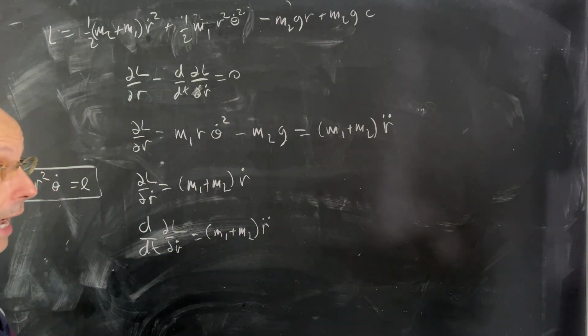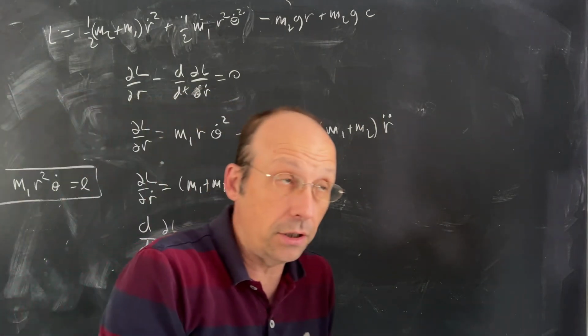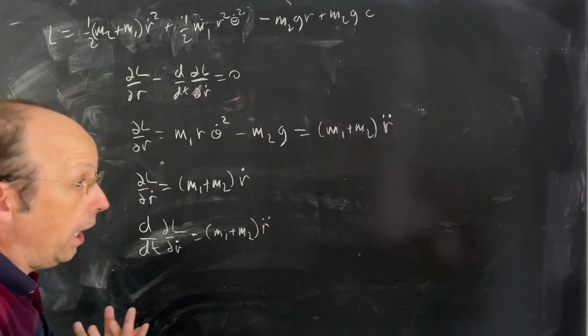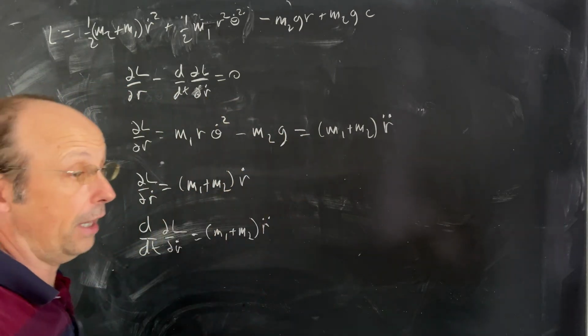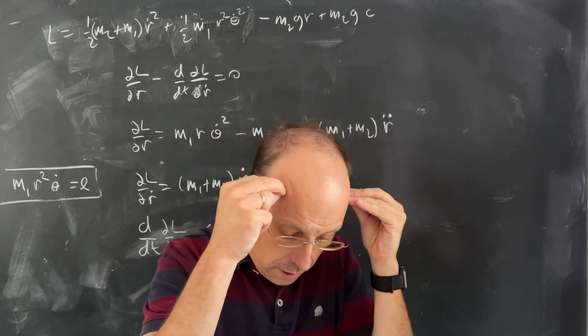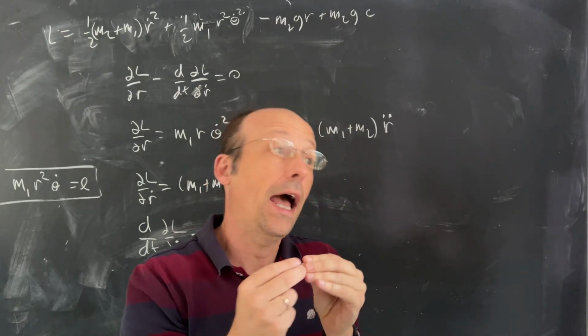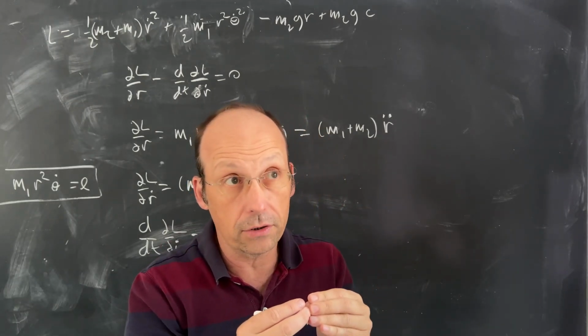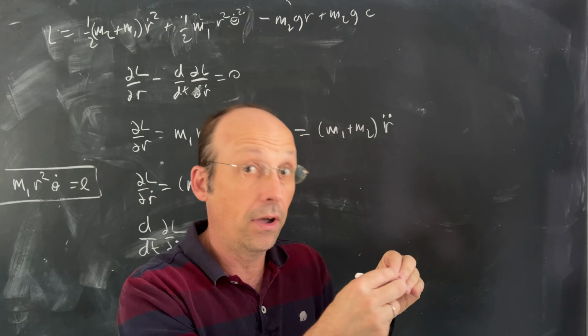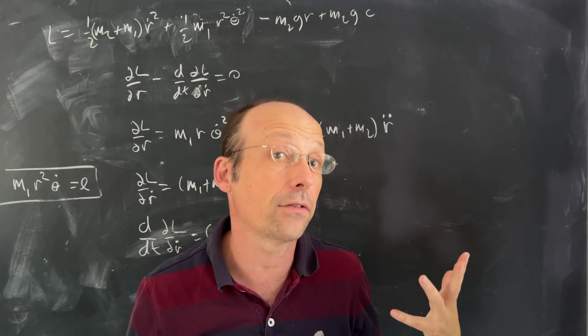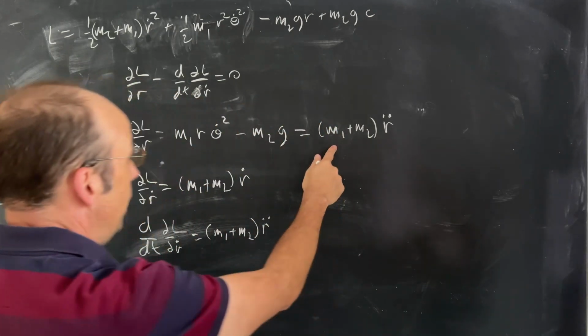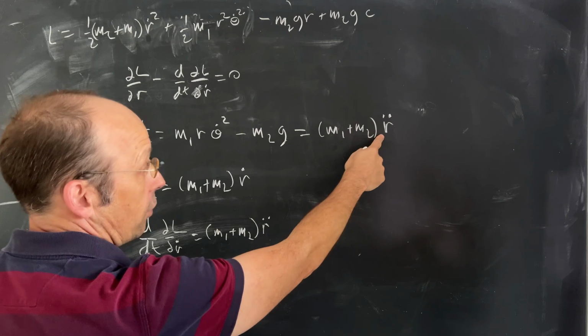Okay, now, I mean, we have a couple options here, right? I'm pretty much done if I solve this for r double dot. If we think about numerical calculations, how do we proceed with the numerical calculation? Well, if I have that second derivative, I can use that to find out things in the future. And this equation only depends on the second derivative of r.